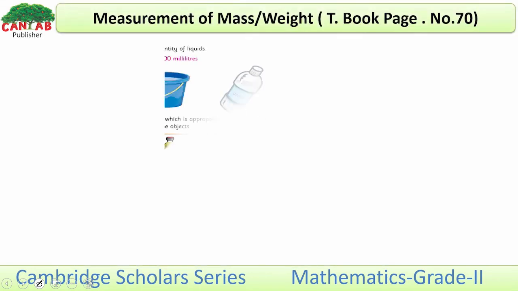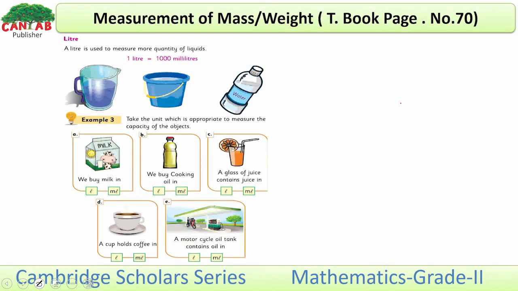So come to the next page. Liters. A liter is used to measure more quantity of liquid. So these are the milliliters, and liters are the units which we use to measure the liquids. A liter is equal to 1000 milliliters.